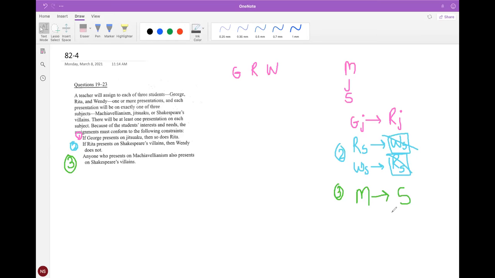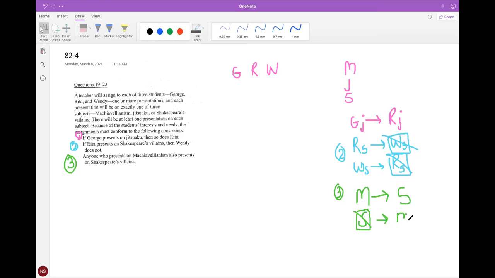And then what's the contrapositive of this one? Negative S and negative M. If you don't have S, then you can't have M.